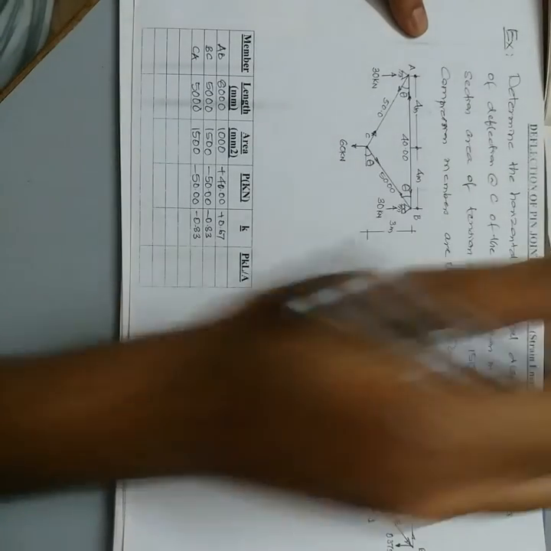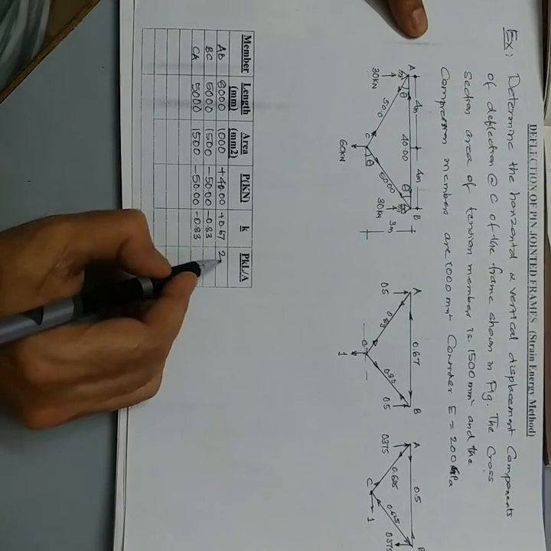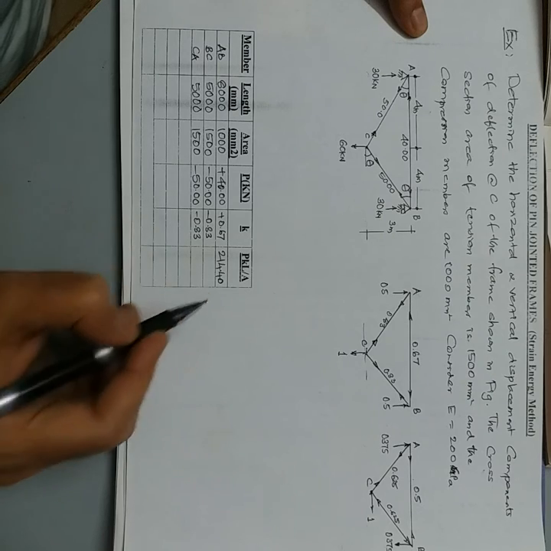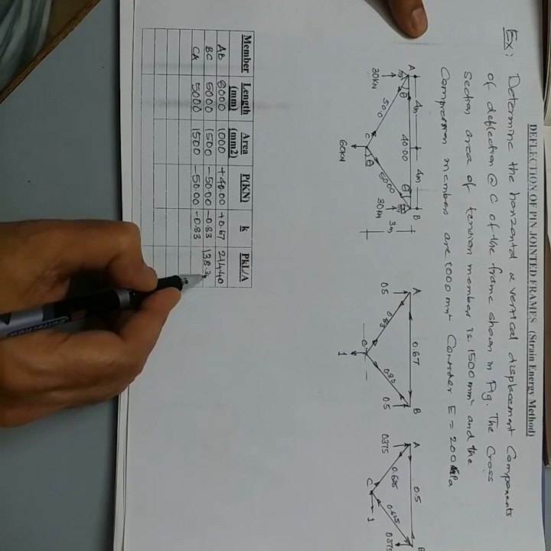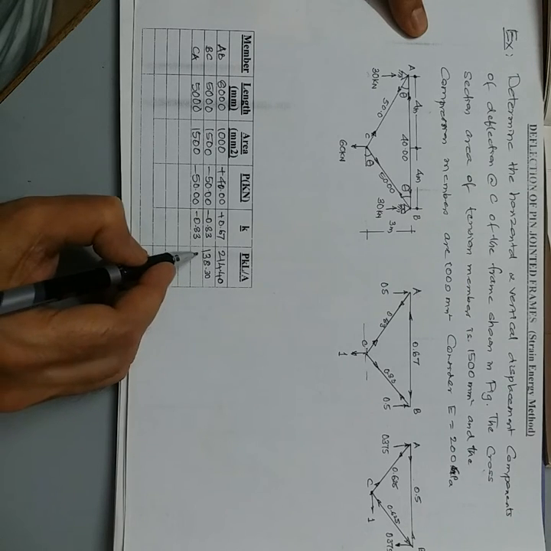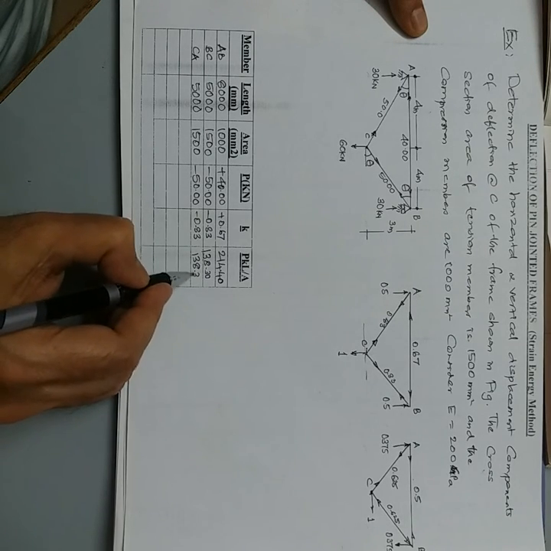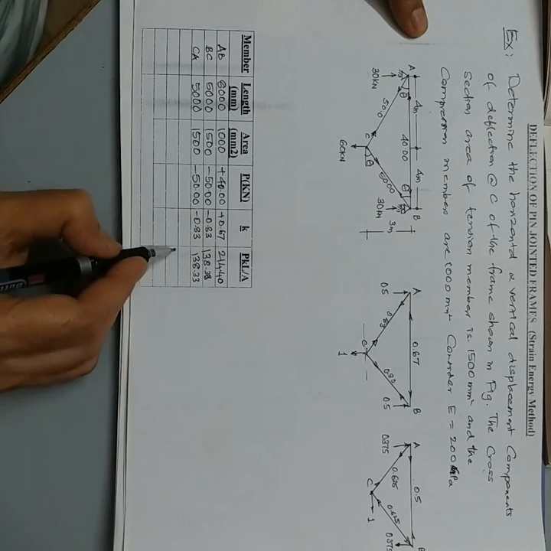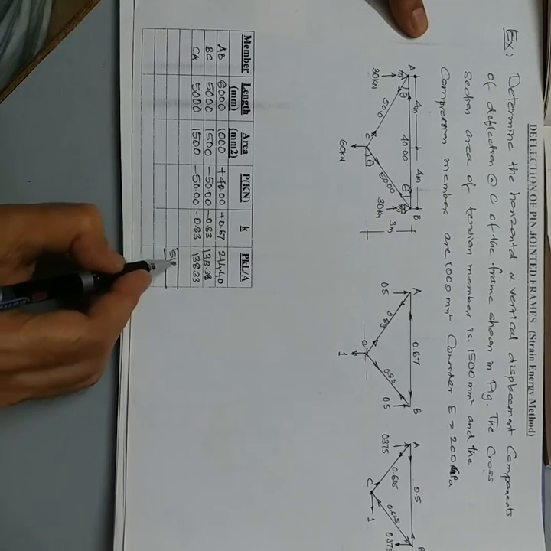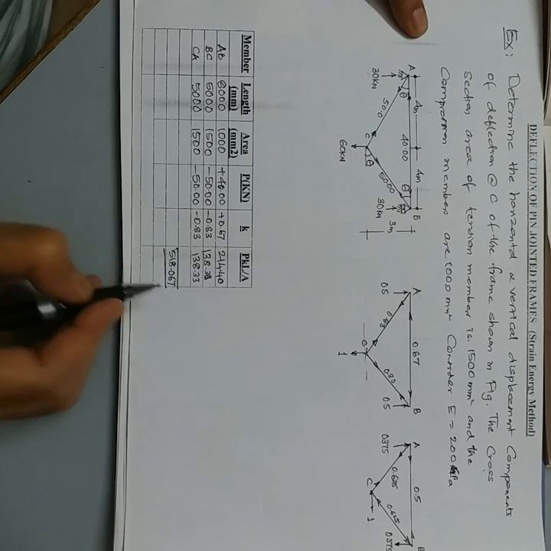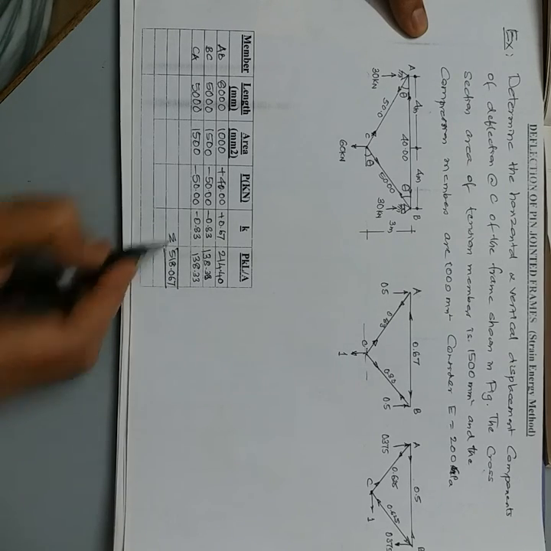So PKL by A we have, this is 214.4, this is 138.3 and this is 138.33. So total will be 518.067, that is total.